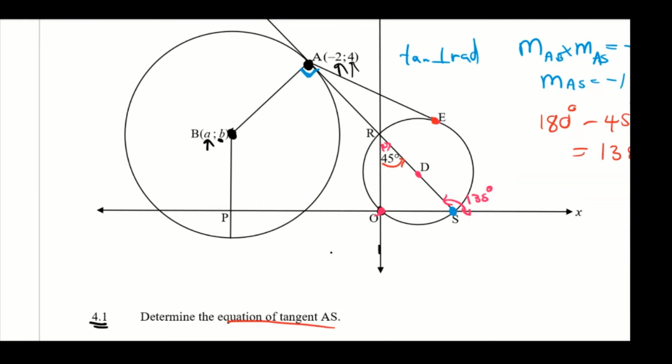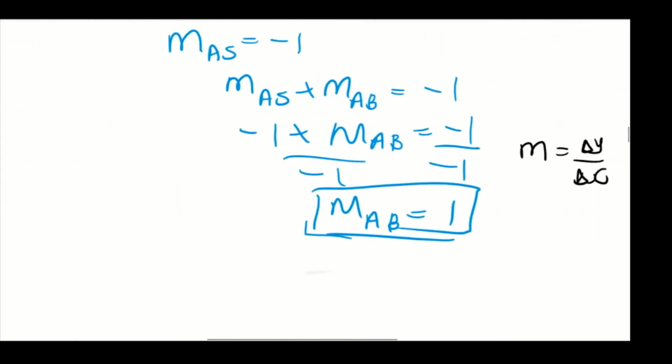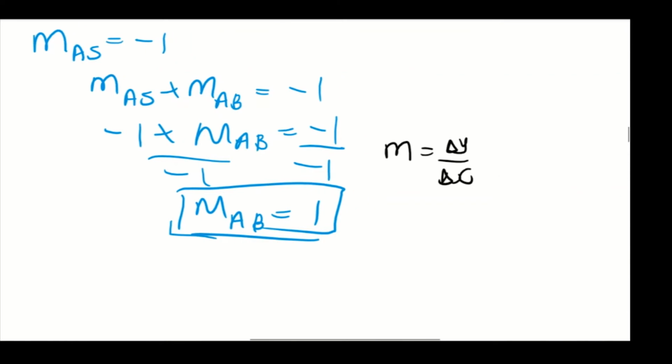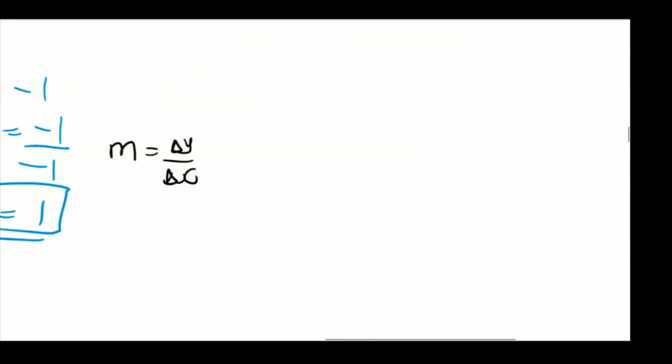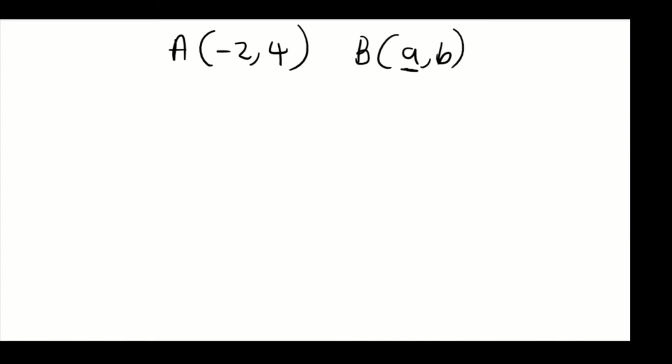So this is what we're going to do. We have A, which is -2 and 4, right? And we have B, which is A and B, and we know the value of A, we just found it to be -4 since we're given 4 units.